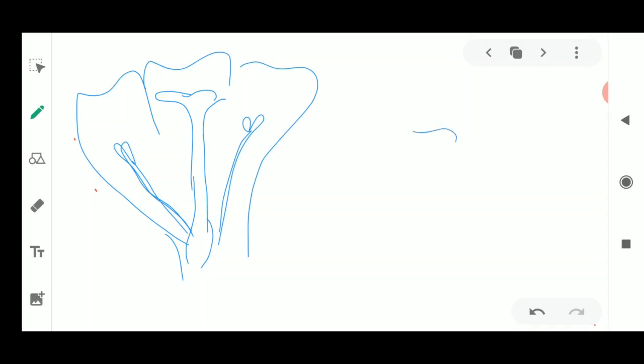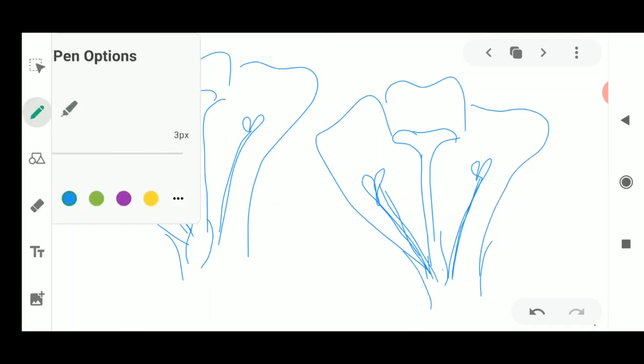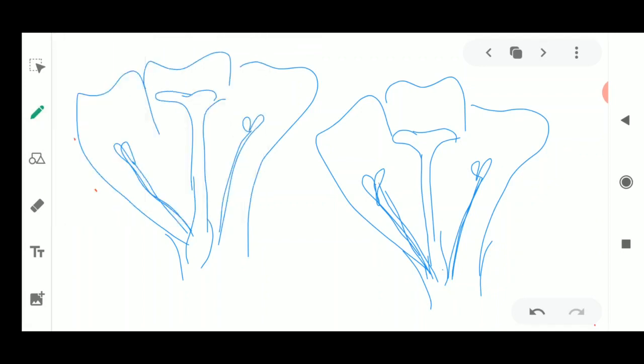If one more flower is there, and it is of the same variety, just remember, these are the stamens. Since it is of the same variety, I have drawn it with the same color. Now if the pollen grains are present over here, and this is the stigma, and pollen grains are present over here, and this is the stigma, and the transference is taking place from the anther to the stigma of the same plant, it is known as self pollination.